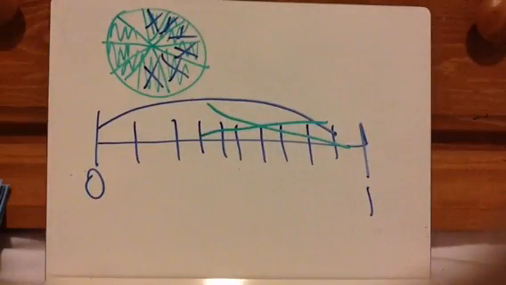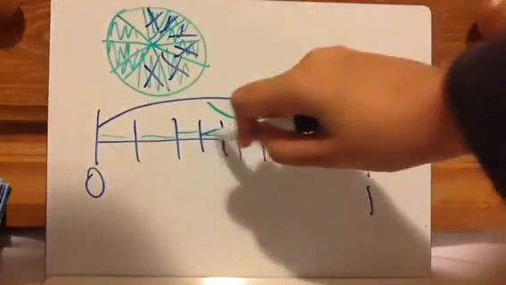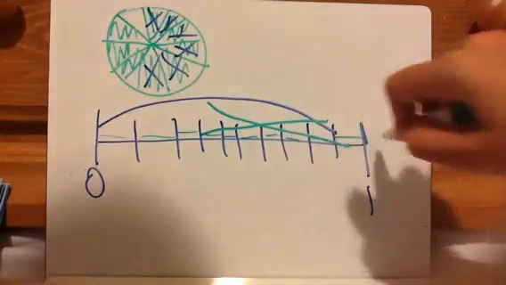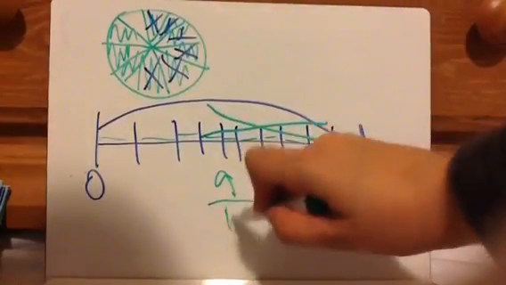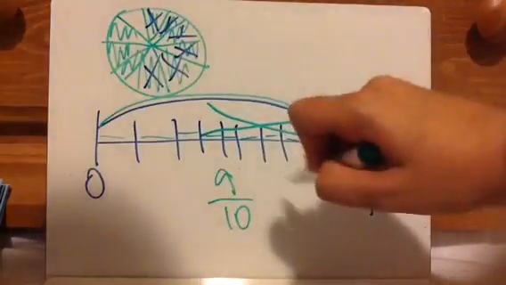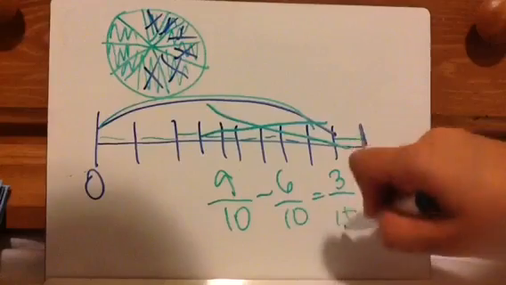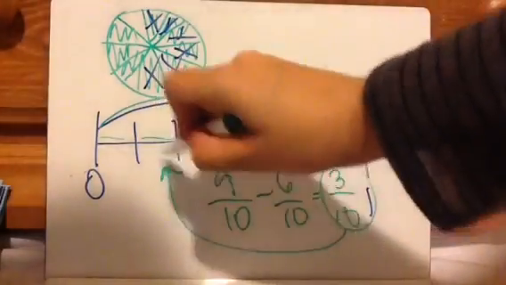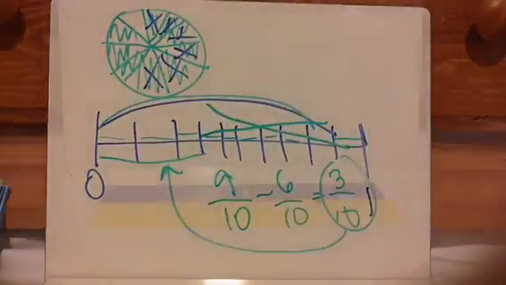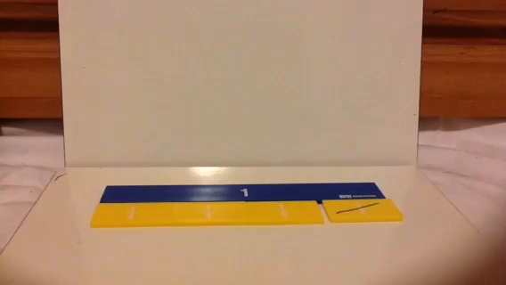Now remember, you can't say 9/10 until you count the number of spaces. So 1, 2, 3, 4, 5, 6, 7, 8, 9, 10. So of those 10/10, 9/10 is covered, and then 6/10 is taken away, and then I have my 3/10 right here left over. Okay, draw another visual that represents this, write a number sentence, and show it on a number line.